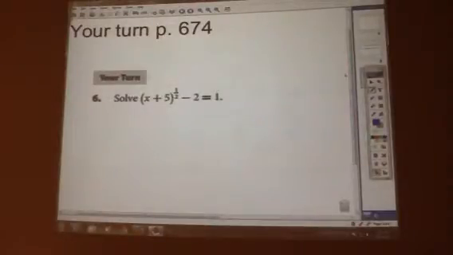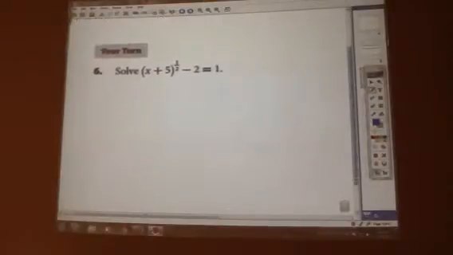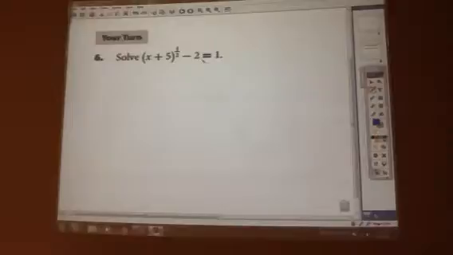We're going to start on page 674 with the your turn. So it's an equation, it has an equal sign, we're going to get an answer. Now the first example is really pretty easy because what we're wanting to do is isolate the part that says x plus 5 to the 1/2.